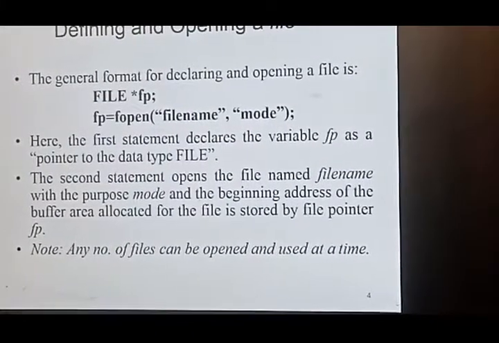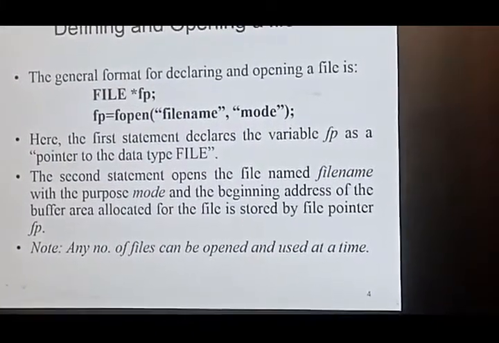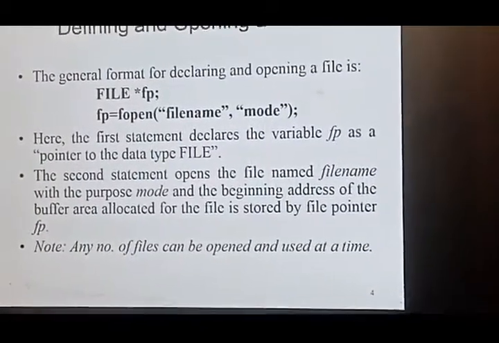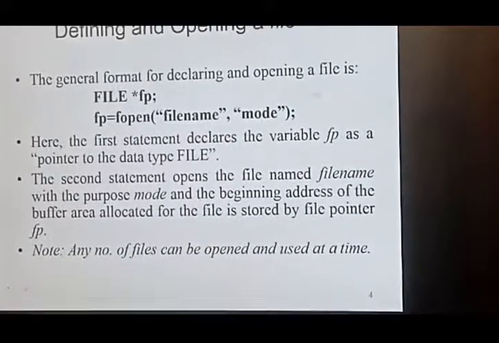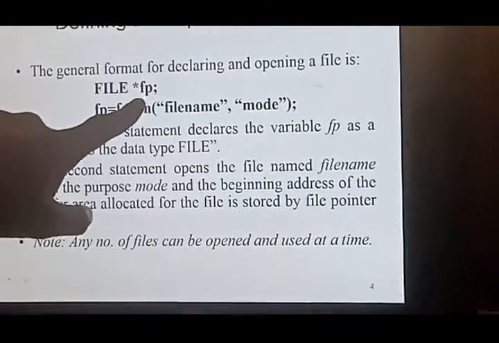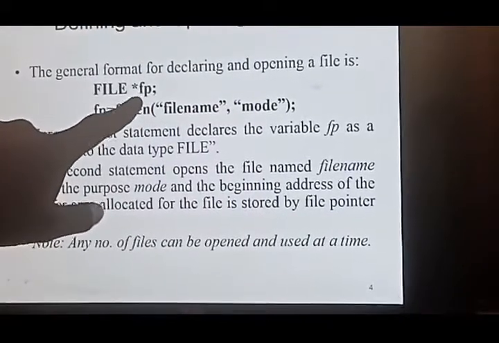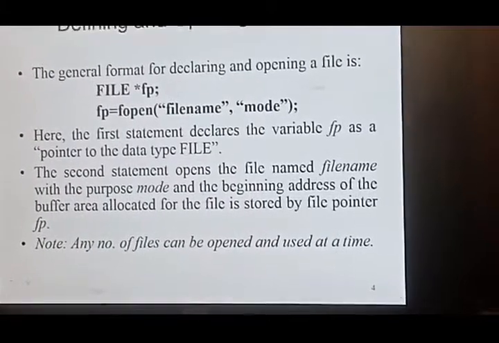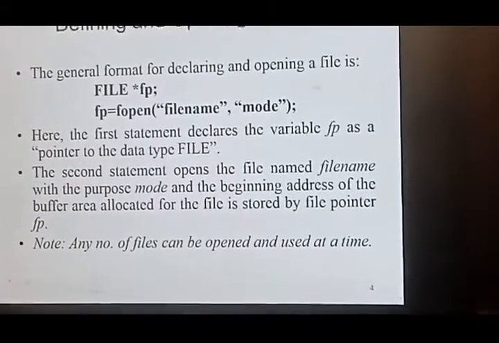The asterisk refers to a pointer, and after that you give a variable name. So that is referred to as a file pointer. To make the declaration meaningful, the file pointer is named FP, which means this particular variable will point to a file.